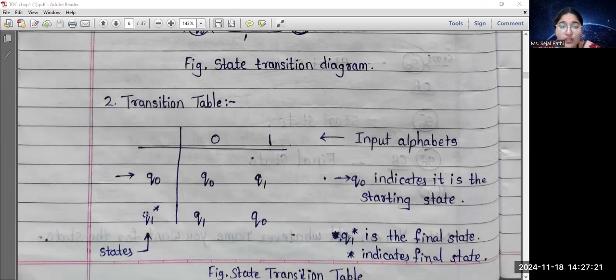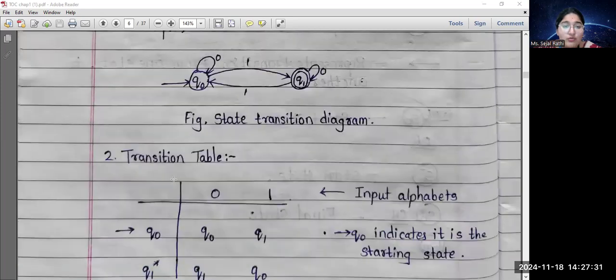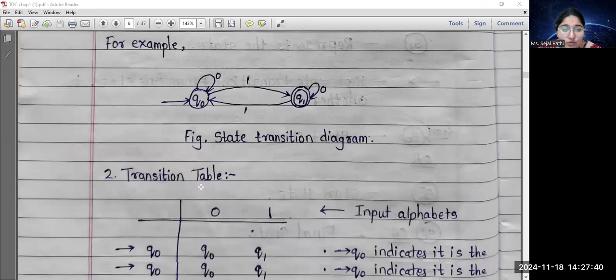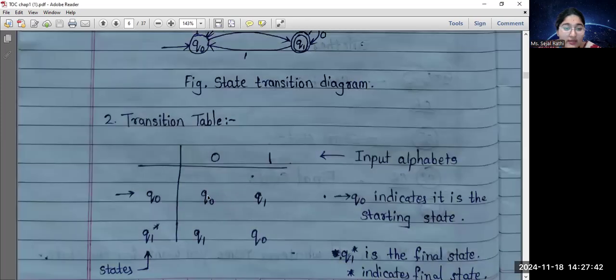We are showing that Q1 is a final state in the transition table. So now Q0 with the input 0, where will the next state be? It is Q0, correct? So we are writing Q0 here.